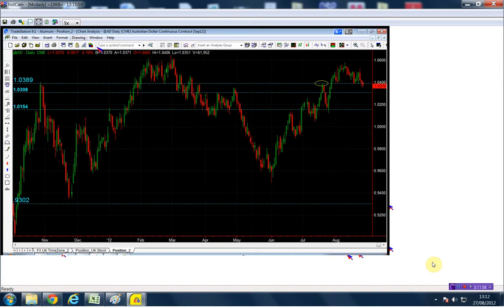We do have a similar structure point on the cash, and we are below that. In itself here is a structural point, and it is a short, and that is a sell signal as far as we're concerned. As long as we're below the 103.89, we need to be selling the Australian dollar.